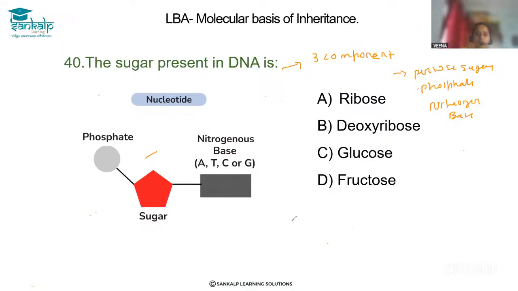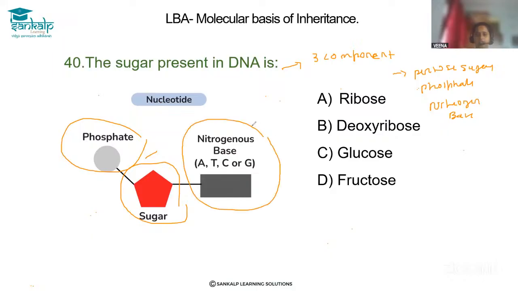Okay, so if you observe here, this is the pentose sugar, this is the phosphate group, and this is the nitrogenous base. All together it is called a nucleotide. This nucleotide is present in the DNA. The pentose sugar is a sugar molecule.